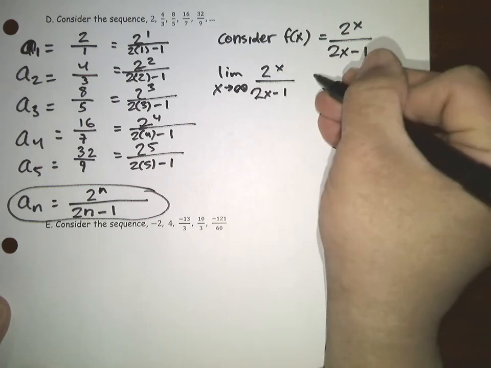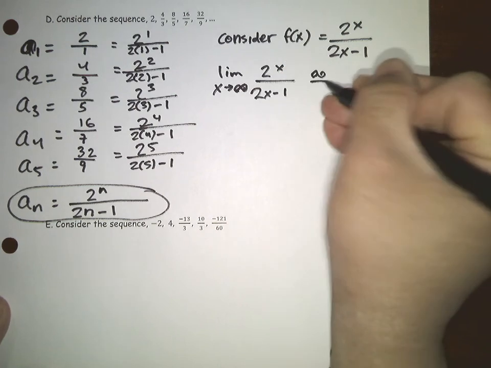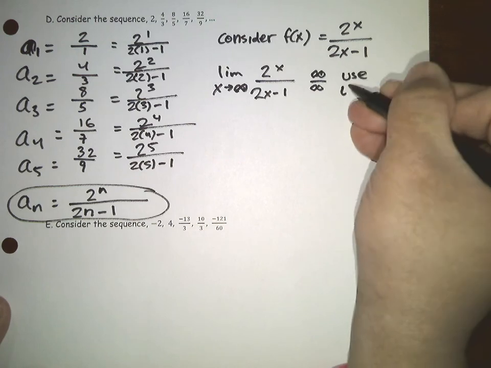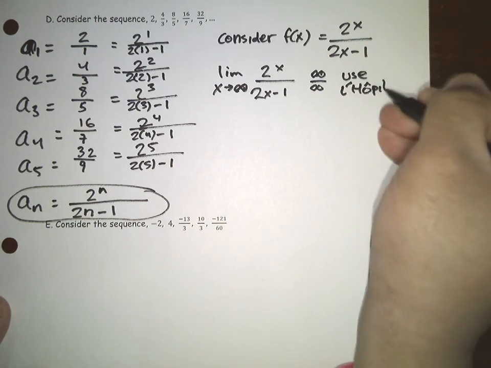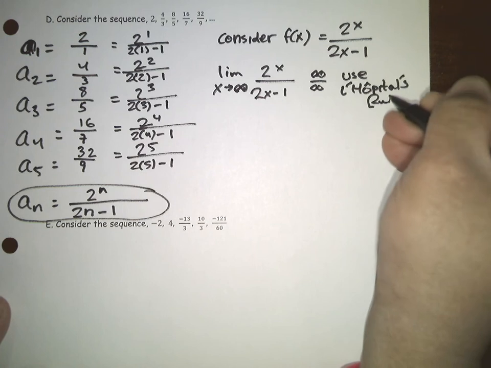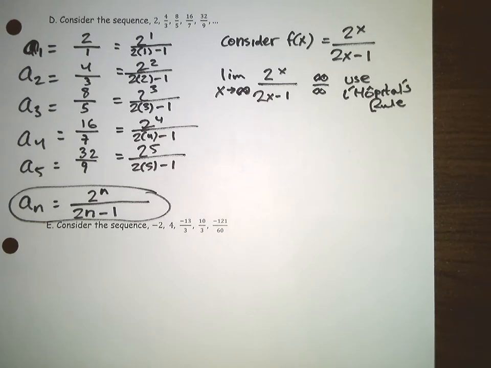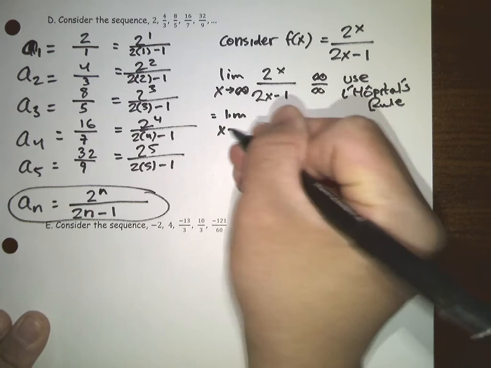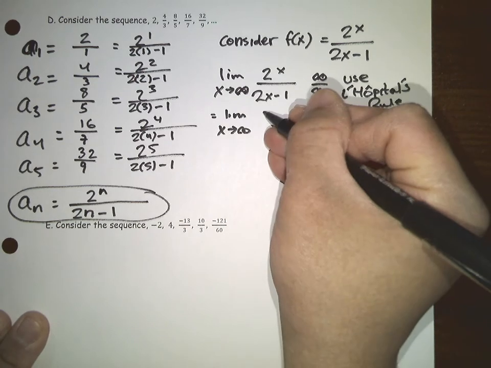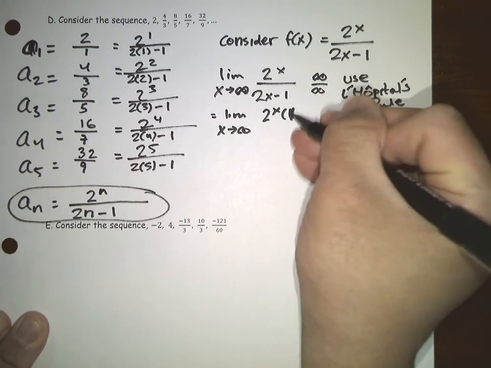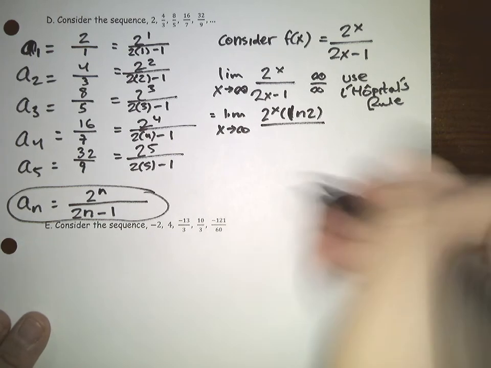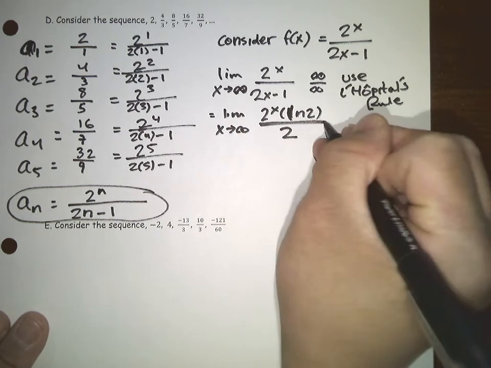I see this is an infinity over infinity form, so I can use L'Hopital's rule again. The derivative with respect to x of the numerator, 2 to the x, is 2 to the x natural log of 2, and the derivative of the denominator, 2x minus 1, is 2.